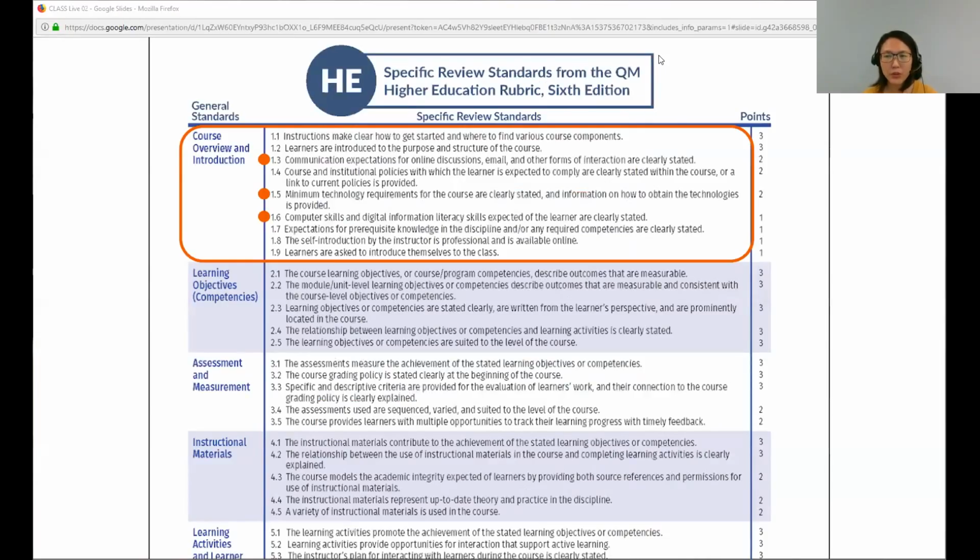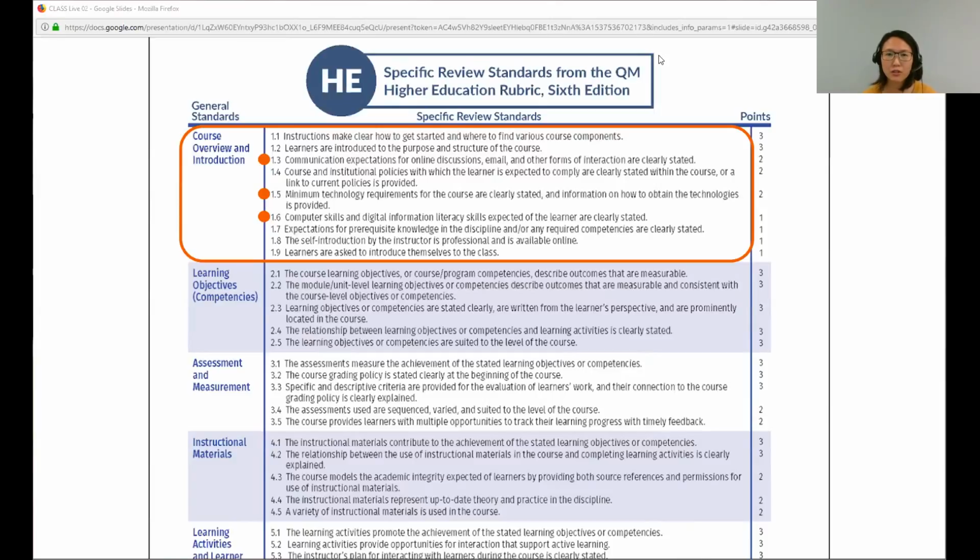So the course overview and introduction standard basically recommends that you provide some type of orientation and introduction to the course, and also have some kind of introduction activity. That could be students watching a video that introduces yourself, or doing an activity where they introduce each other.